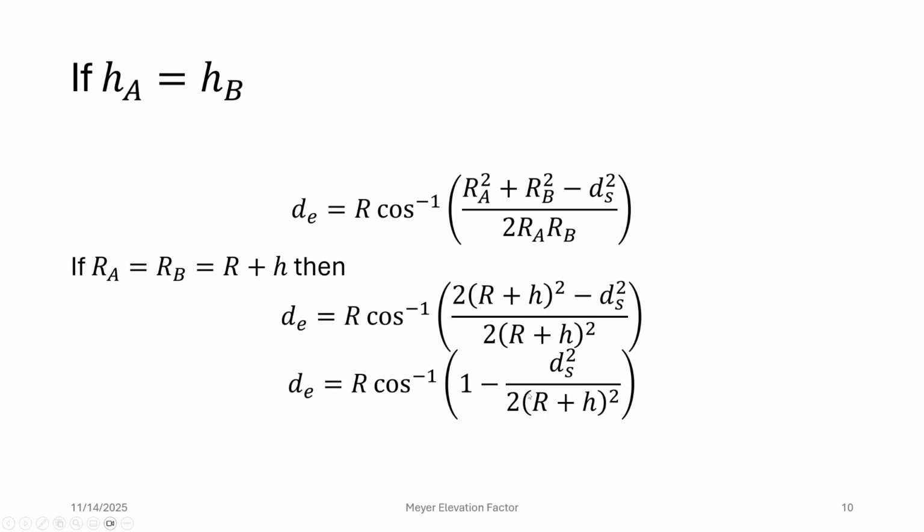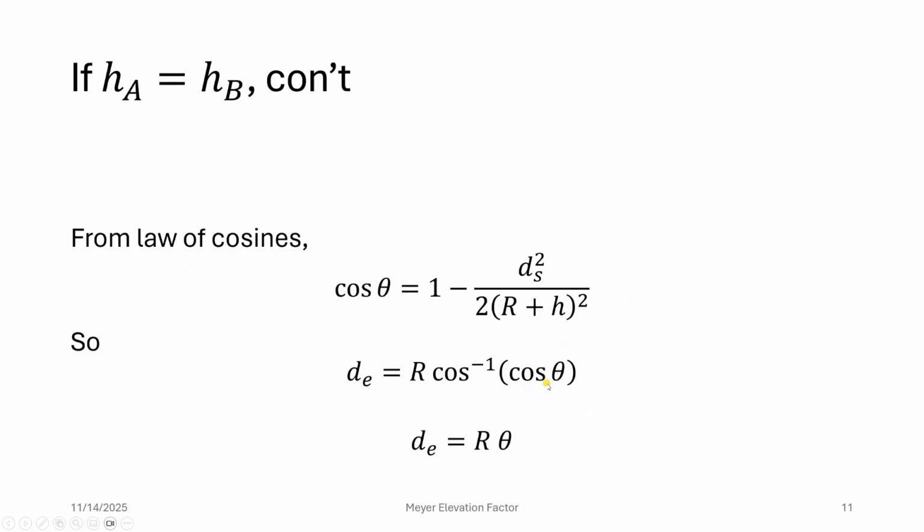Now, the term that's the argument to the arc cosine, well, we can actually get that from the law of sines. We can see that the cosine of theta is equal to 1 minus ds squared over 2 times the quantity r plus h squared. And so we can substitute cosine of theta for this term on the right.